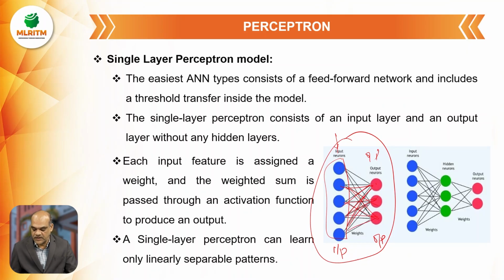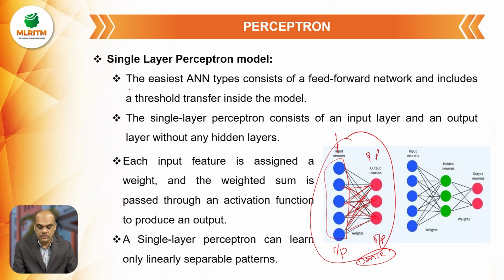This kind of connection we call dense. Each and every neuron from the input layer is connected to every neuron in the output layer. This is called dense architecture. Because of this architecture, every weight is processed by each and every neuron in that structure to extract more features from the input.